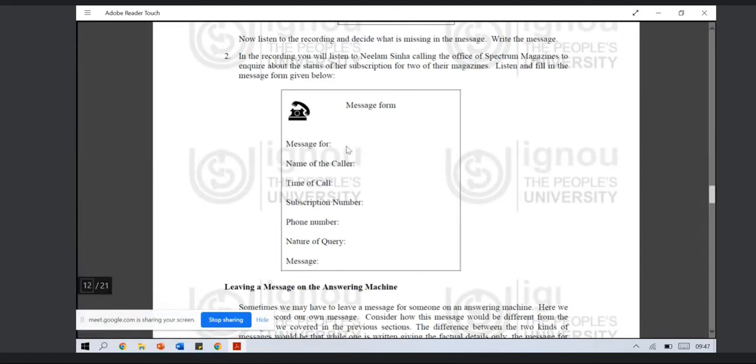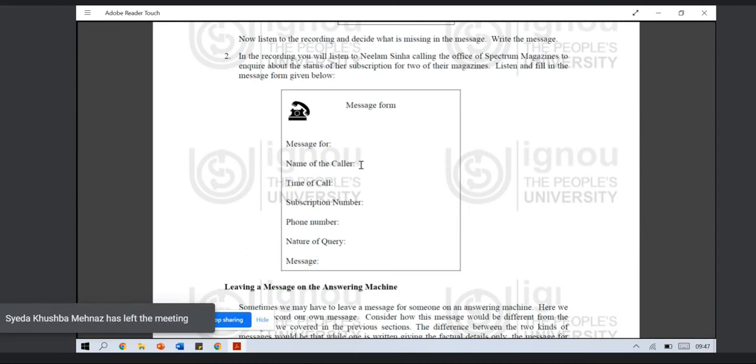When we are calling, the bot will listen to the message, and your name will appear in that organization's database if you are already a client or customer.